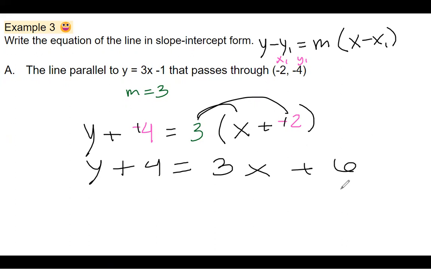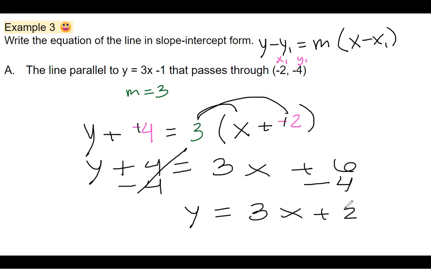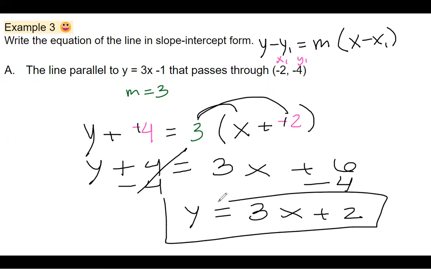Do I have y isolated? No. What do I need to do in order to isolate y? Subtract 4 on both sides. So we're left with y equals 3x plus 2. Woo-hoo! And I have my equation parallel to that line. Not too bad, huh?